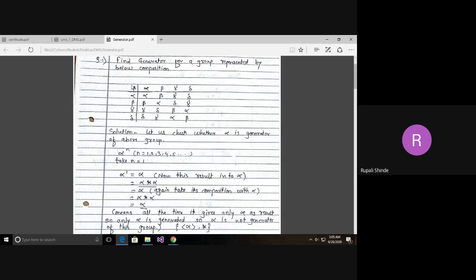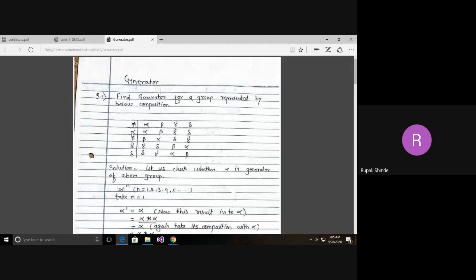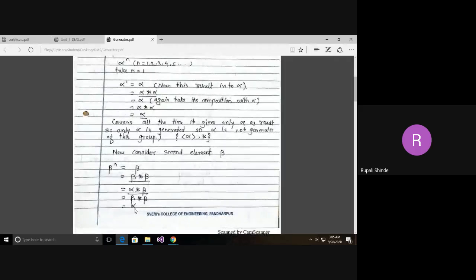Now check what is the value for this alpha star beta, and that is beta. So value for this alpha star beta, that answer is beta, and that is written over here. So again we have to take its composition with beta. So value for beta star beta, it is alpha, and that is written here.